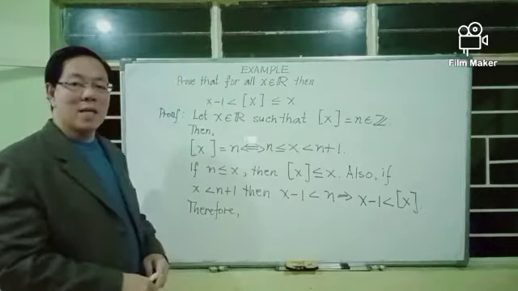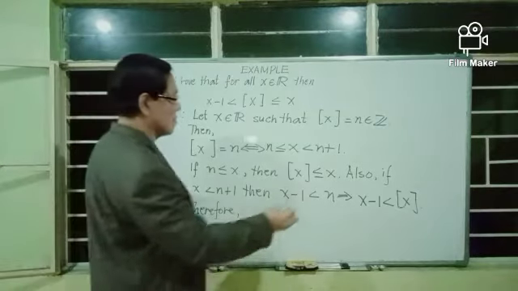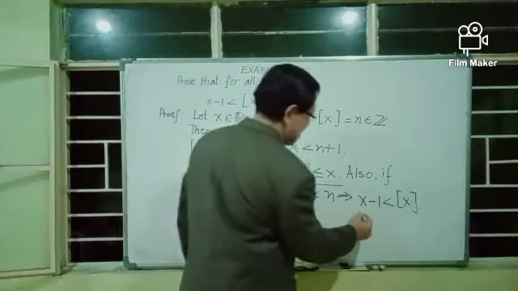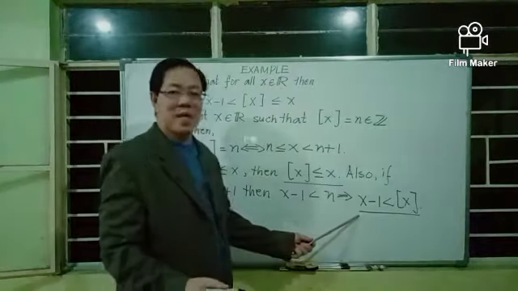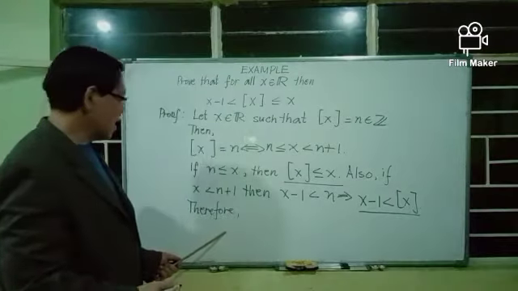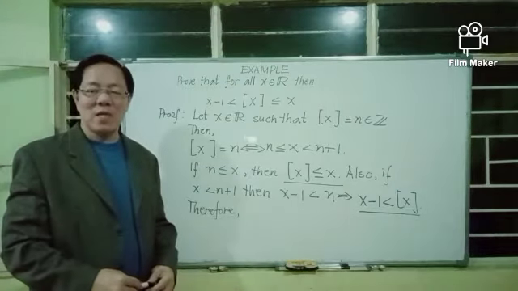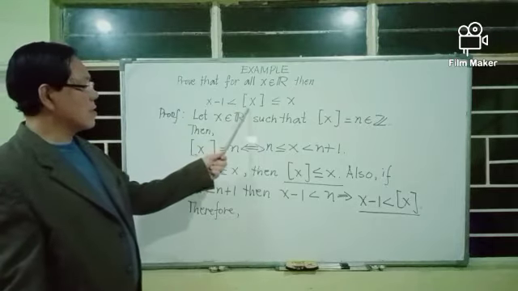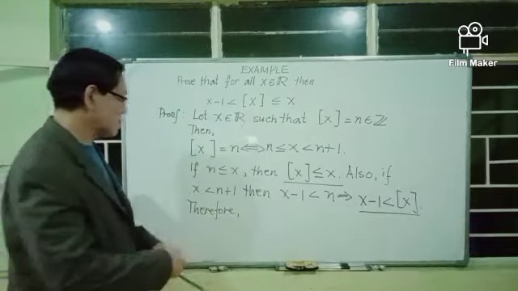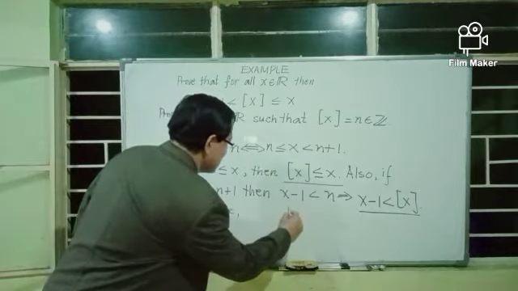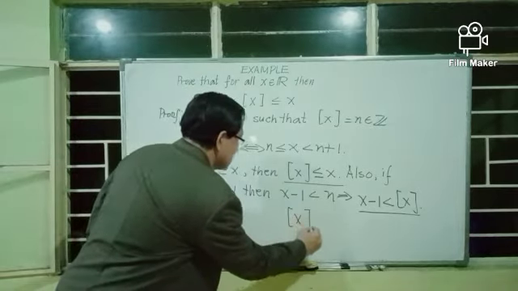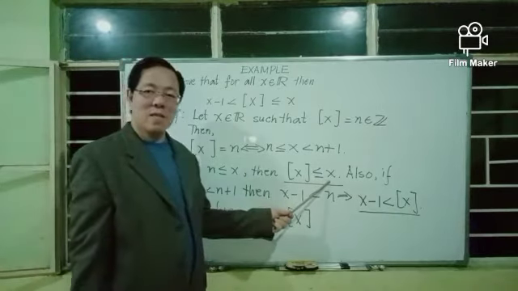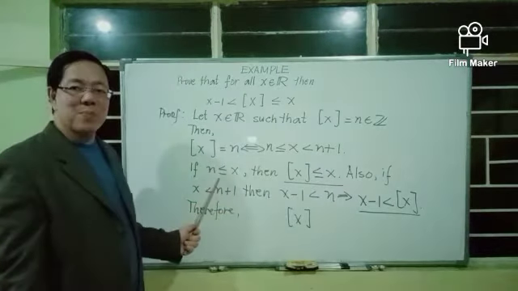We now combine the two results and make the conclusion in the third part of the proof. We now conclude that the greatest integer function of x is less than or equal to x, as we have shown in the first part of the proof.